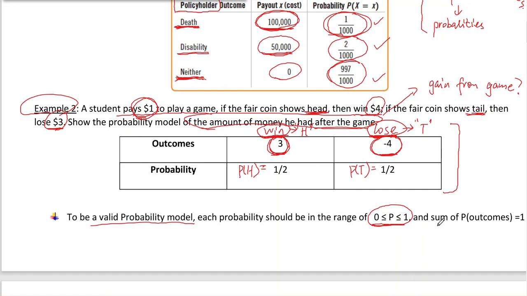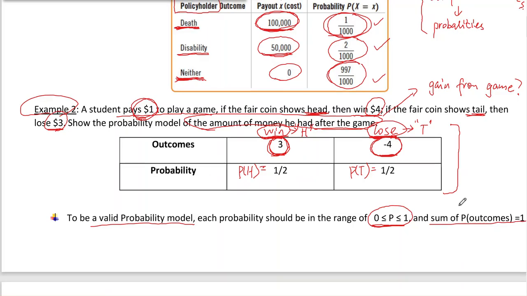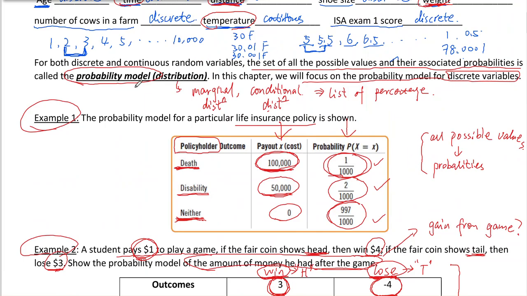All right, and then we also need to make sure the sum of all the probabilities of all possible outcomes should be 1, because remember, for the probability models, we define it as listing all possible outcomes and their corresponding probabilities, right?